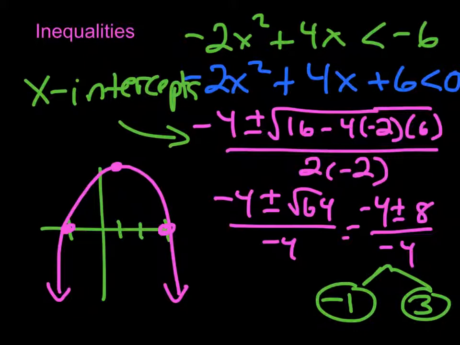If it were a positive parabola, the vertex would have been down here somewhere, but because it's negative, it's up here. But if all I'm asking you to do is tell me where this thing is less than 0, I don't really need the vertex, okay? It's a good thing to know how to do, but I'm not asking for it in this situation.